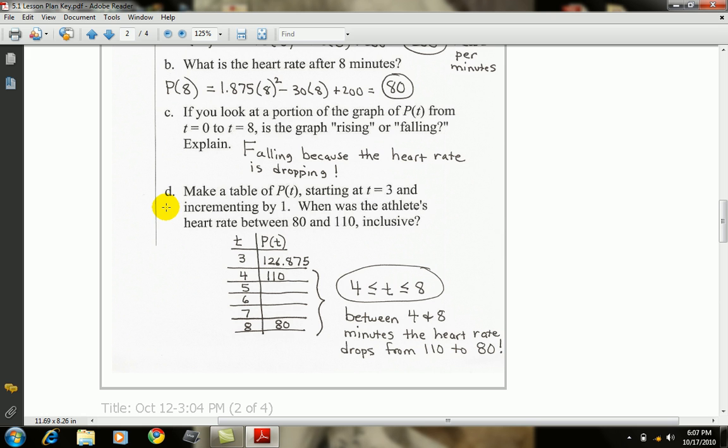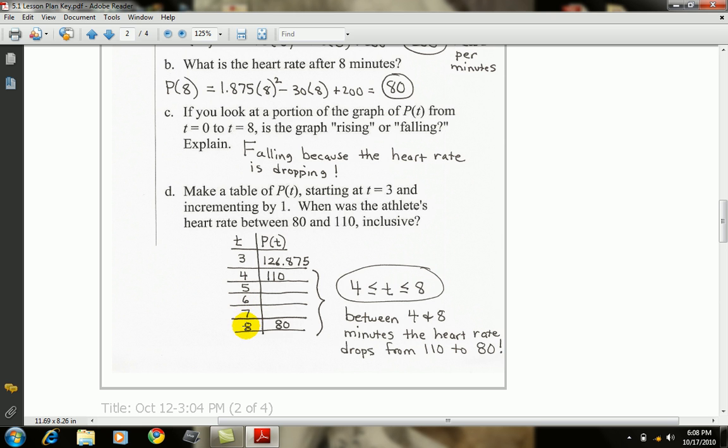You know those little XY charts you used to make back in the previous course? We've even made some in here. But this time our input is t, and our output is P of t. They tell me to start with 3 and increment by 1. So that means 3, 4, 5, 6, 7, and 8. We know to stop at 8 because that was the maximum number of minutes we were observing this person.